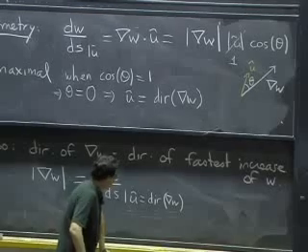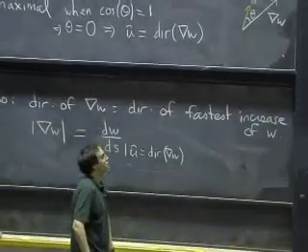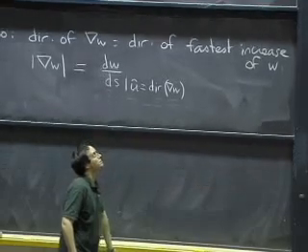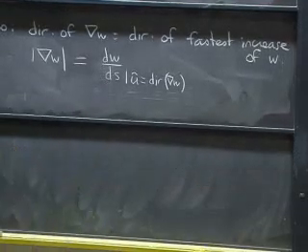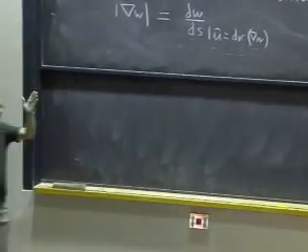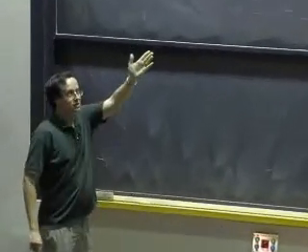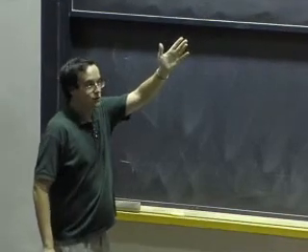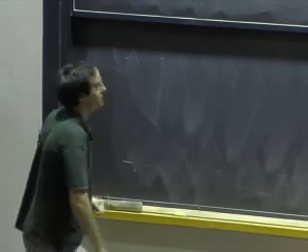And what's the direction of fastest decrease? It's going in the opposite direction, right? I mean, if you're on a mountain and you know that you're facing the mountain, that's the direction of fastest increase. The direction of fastest decrease is behind you, straight down.